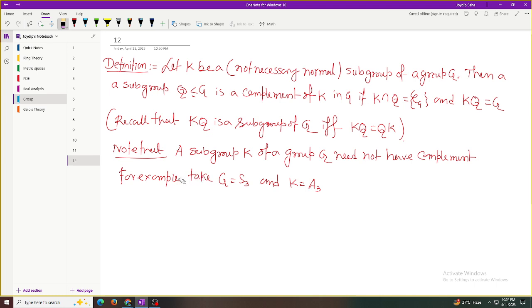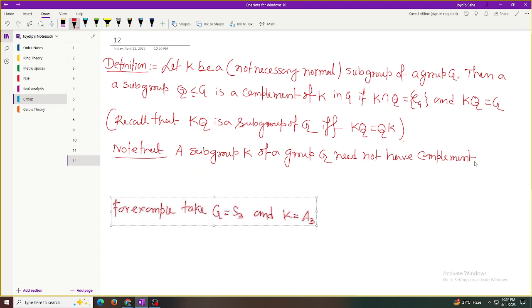Here the complement will exist, since A3 is normal. Even if it exists, it may not be unique.